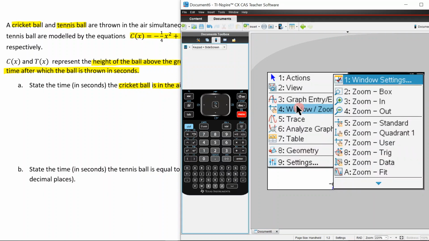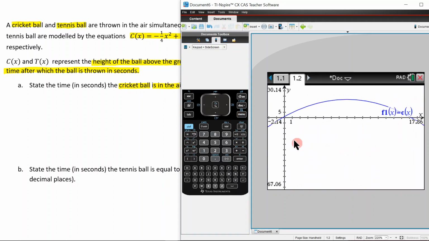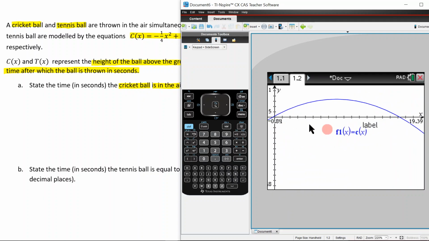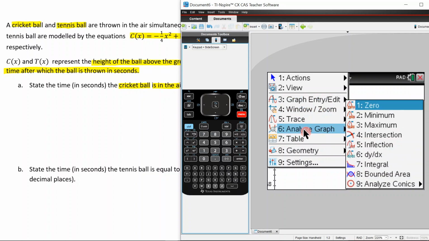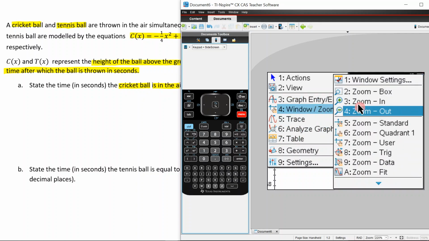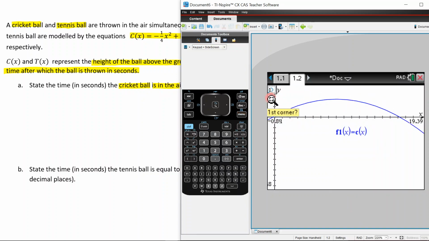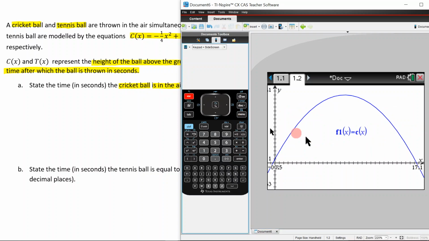So graph window, and we can go fit. You might even want to go menu, window zoom, box. Let's just deal with this. Nice.